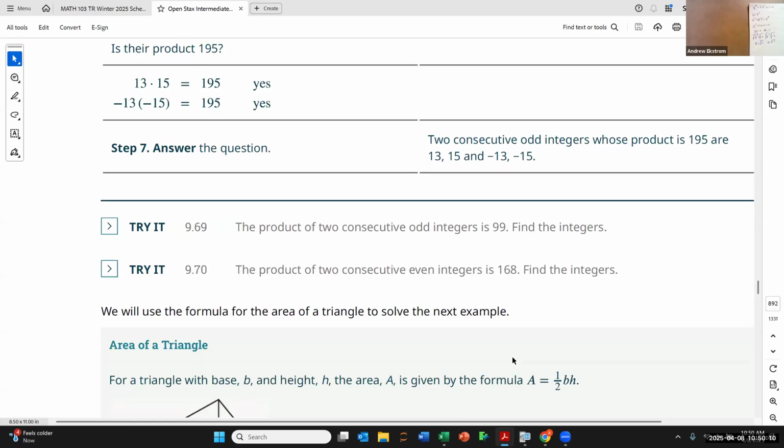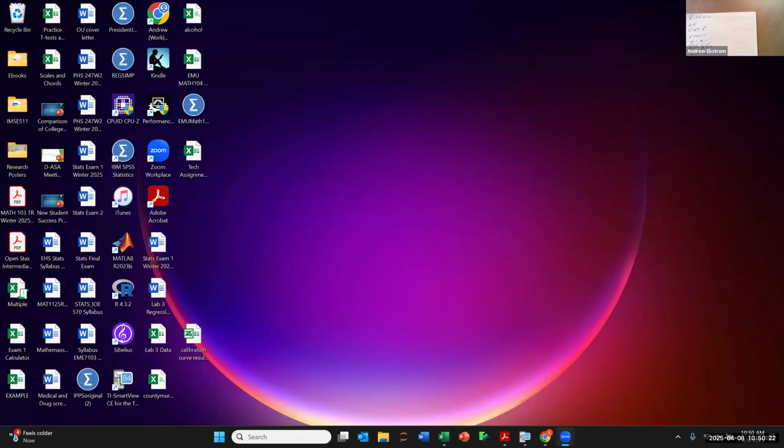So dealing with what we've got there, it says the product of two consecutive odd integers is 99. So again, we're going to call it x or n and n plus 2. That's going to be 99. Distribute the n.